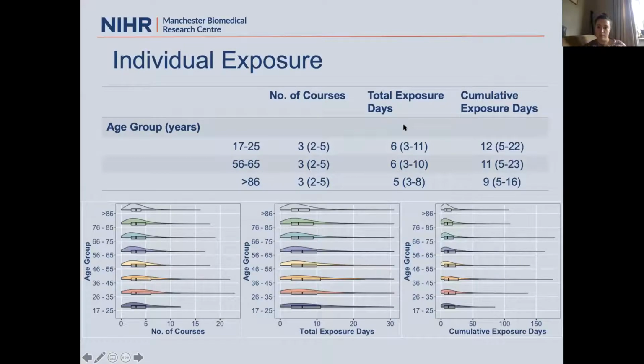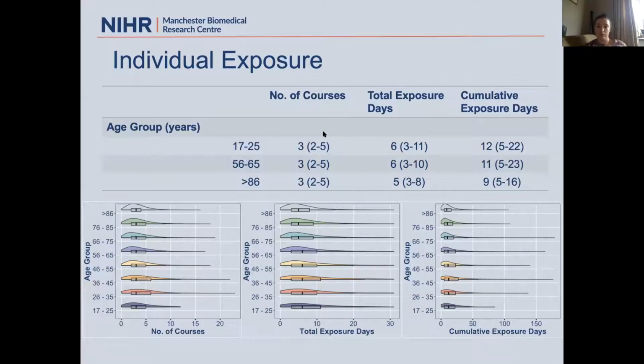So to look at that in a bit more detail, to look at how the exposure changes compared to a few of the other characteristics. This is looking at age. The graphs on the bottom show the distribution of the number of courses and the exposure days across all of the different age groups. For the table, I've just picked out the lowest, the middle and the highest age group to compare.